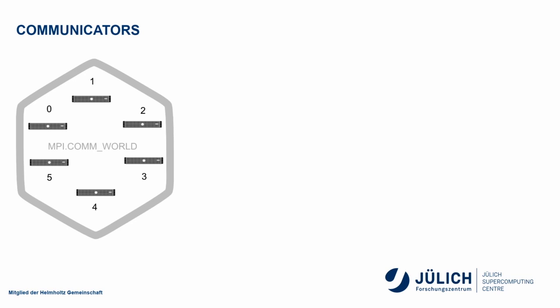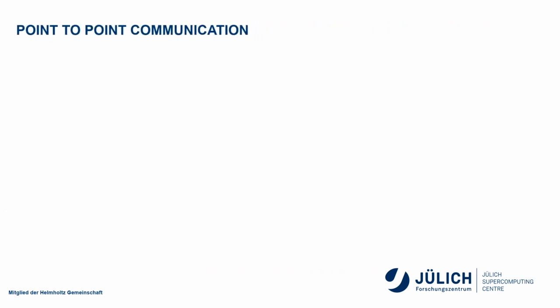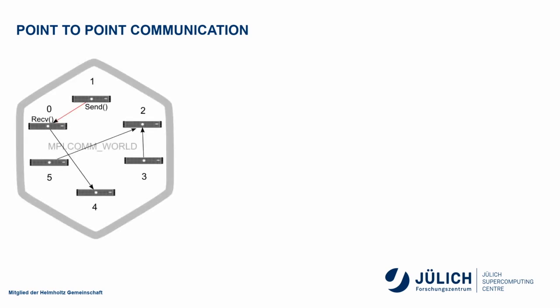All right. There are different kinds of communicators. The lowest level one is the point-to-point communication. When you do point-to-point communication, you have a sender. So in this case here, it's 1. And it sends a message to 0.